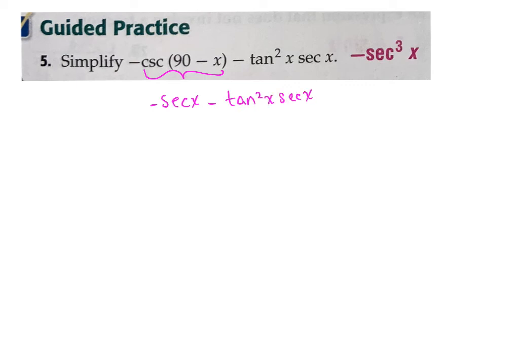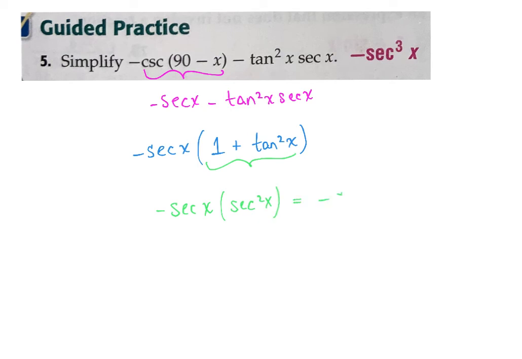All right? I can take out a negative secant here, right? And I'll get 1 plus tangent squared of x. All right? This is a Pythagorean identity right here. What's 1 plus tangent squared of x? Secant squared of x. So I have secant of x times secant squared of x, which is going to give me negative secant cubed of x.